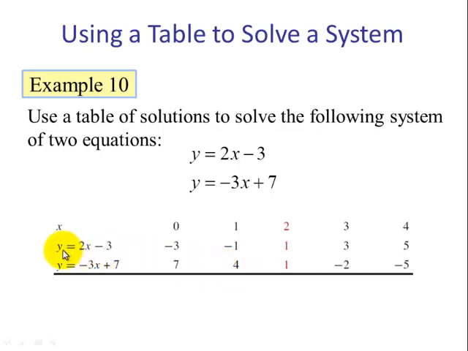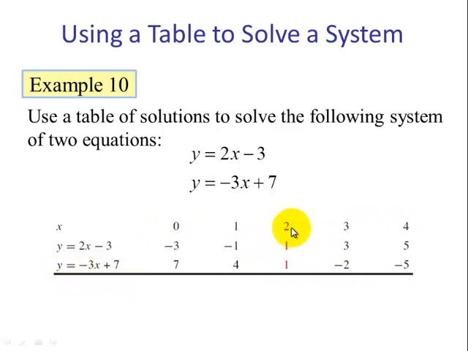And we see here are the outputs for these values of x for the first equation, y equals 2x minus 3. And here are the outputs for the same x's for the second equation, y equals negative 3x plus 7.